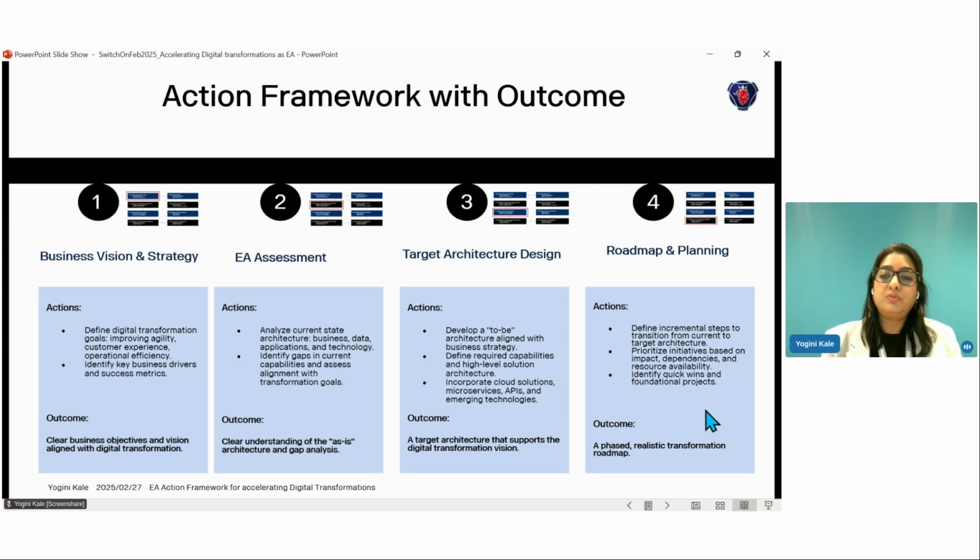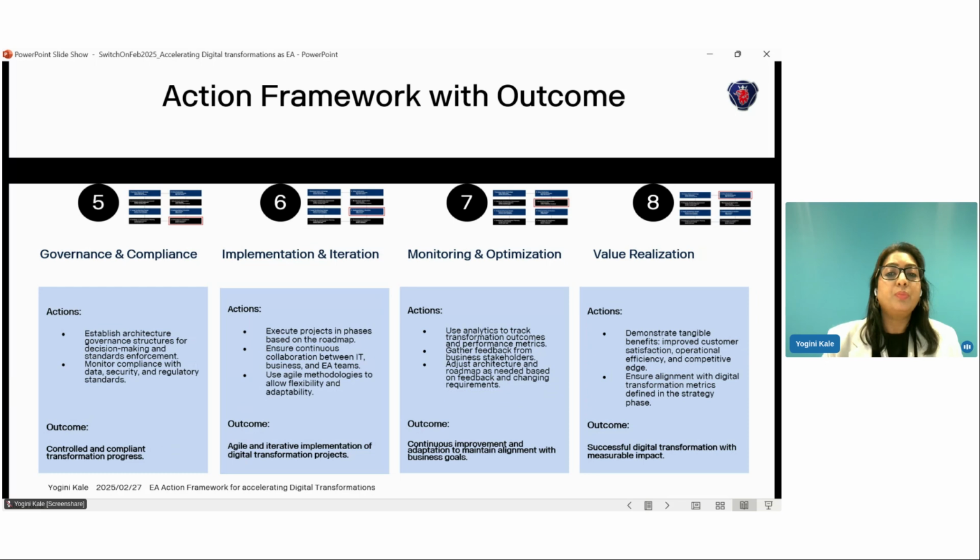And the outcome of this is a phased realistic transformation roadmap, which aligns with your transformation initiative and the goals that you have identified for the success.